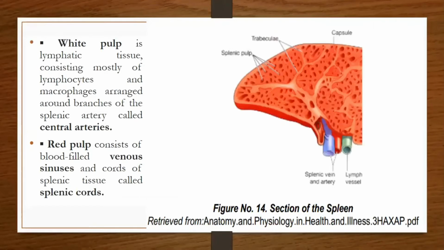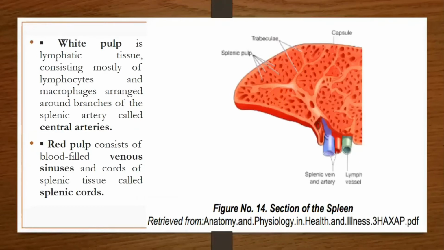White pulp is lymphatic tissue consisting mostly of lymphocytes and macrophages arranged around branches of the splenic artery called central arteries. The red pulp consists of blood-filled venous sinuses and cords of splenic tissue called splenic cords.